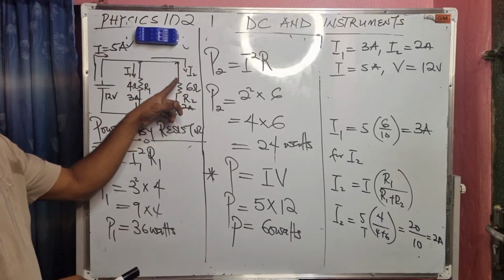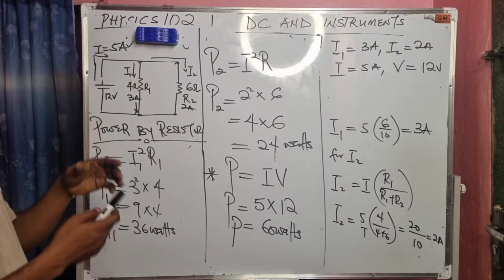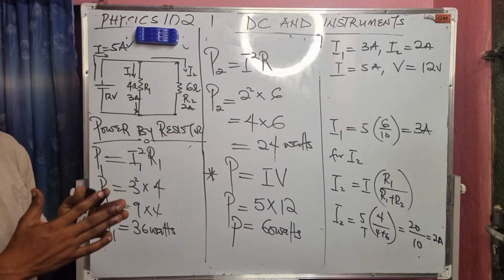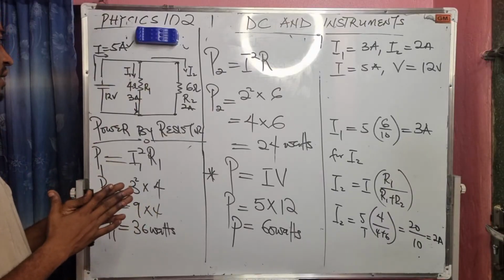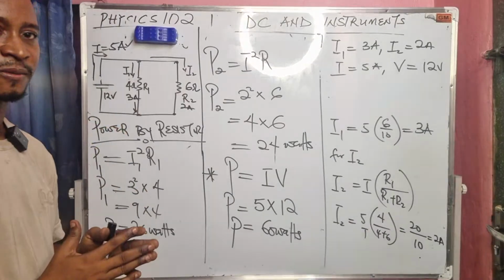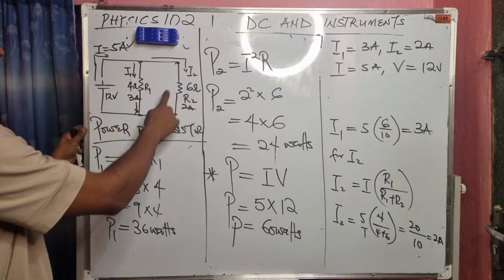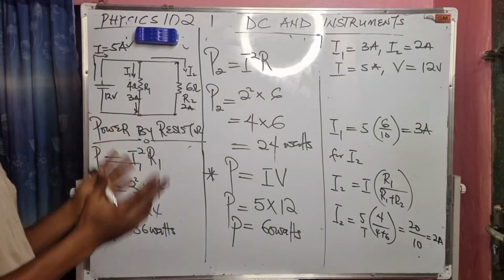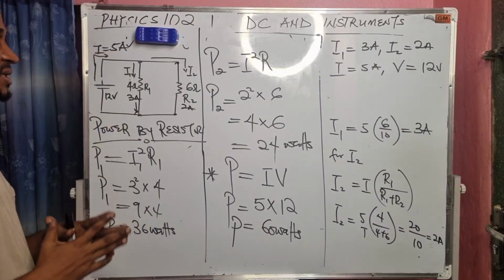We call such a circuit a complex circuit, where we have more than two loops. We have a loop, we have another loop, and we have multiple resistors.